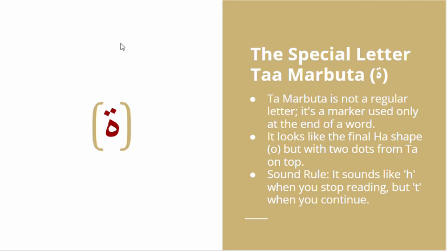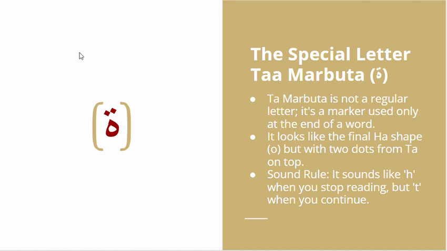And it's a word like joyful, Sarah. When I say it alone, I say Sarah with an H at the end. But if it has a word after it, it will be سارة جدا, it will change to ta.